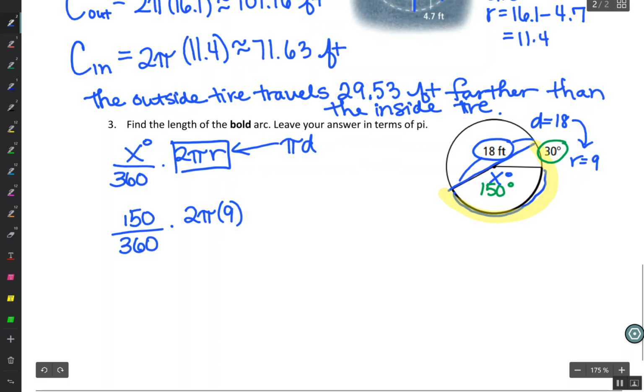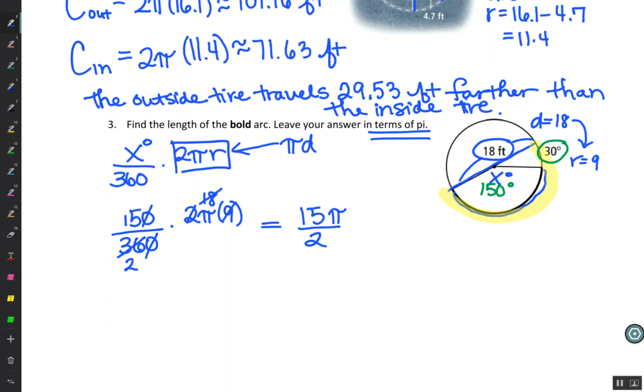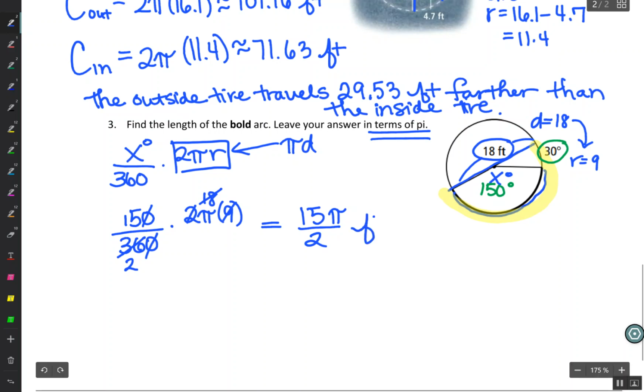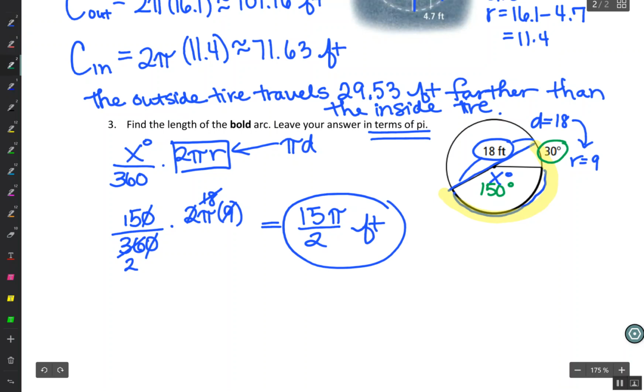Okay, so when they say leave it in terms of pi, I want you to think of cross-canceling and reducing a fraction. So these zeros will cancel. 2 and 9 is 18. 18 goes into 36 twice. So I have a 15, I have a pi, and in the denominator I have a 2. And that's all you want to do. We can call that feet, but that's what they mean by leave it in terms of pi.